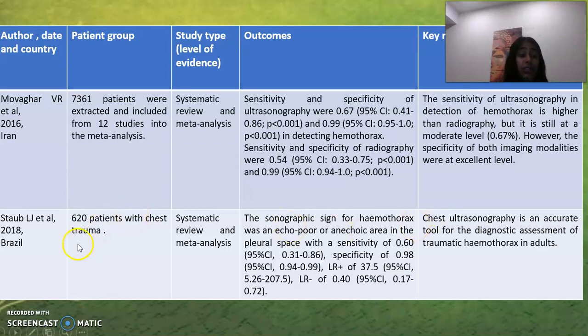Okay, the last article is Stout LJ et al. 2016, Brazil. Patient group was 620 patients with chest trauma. Study type was systematic review and meta-analysis.